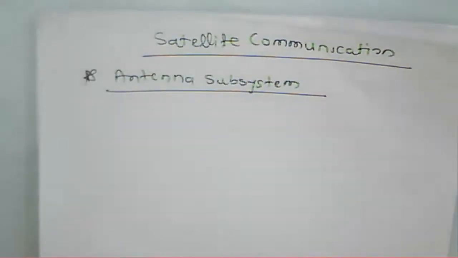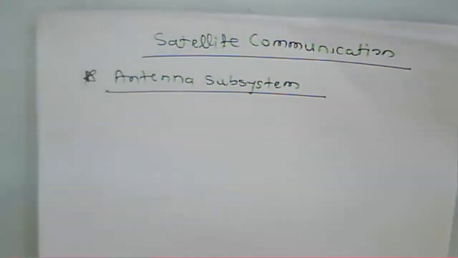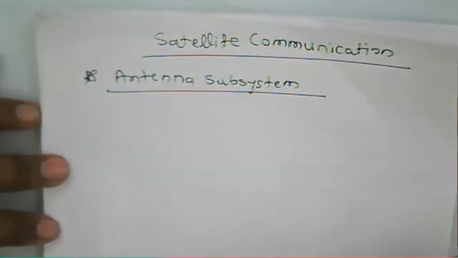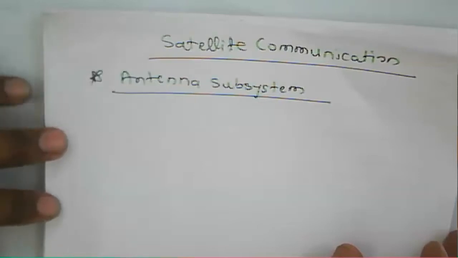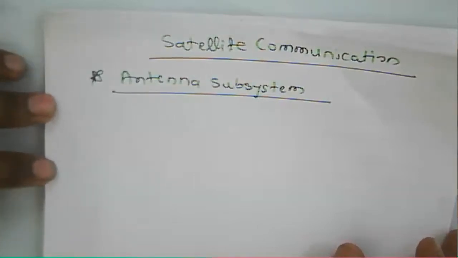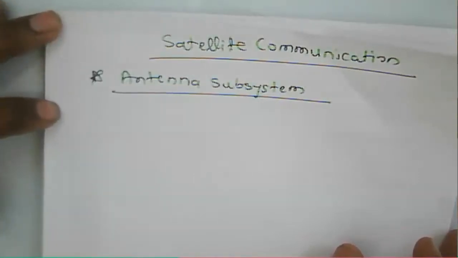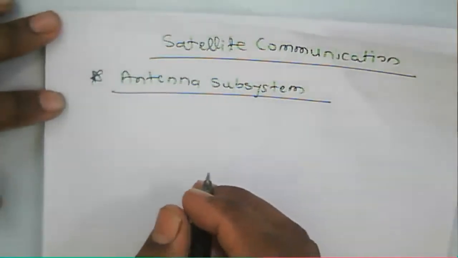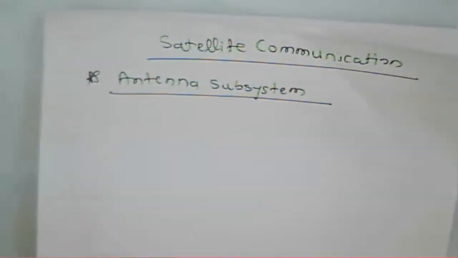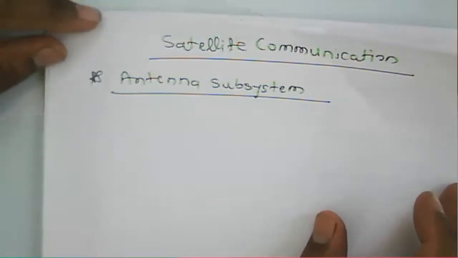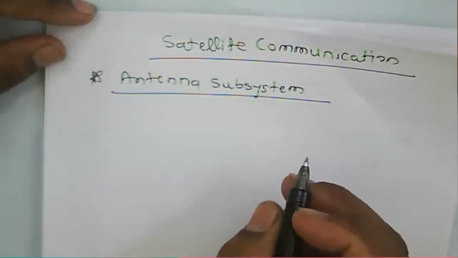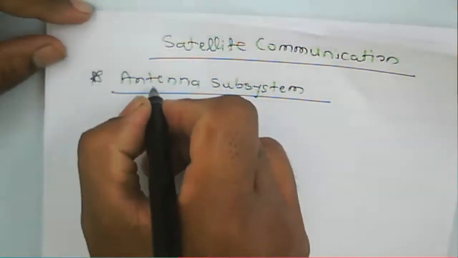So today we'll learn what the various antennas present on a satellite are, and we want to know about the antenna control system. We'll learn how to control the antenna parameters, and we need to know what the various parameters are.